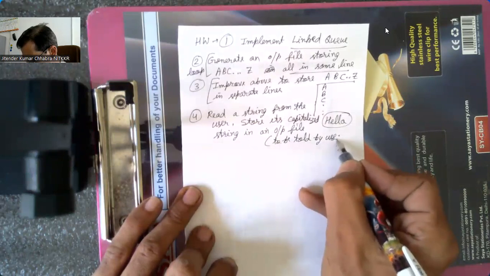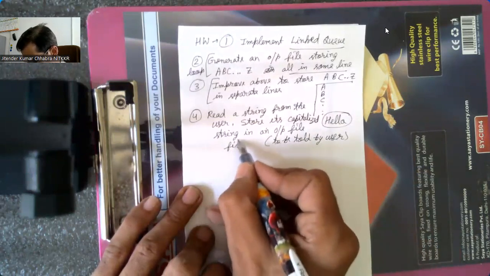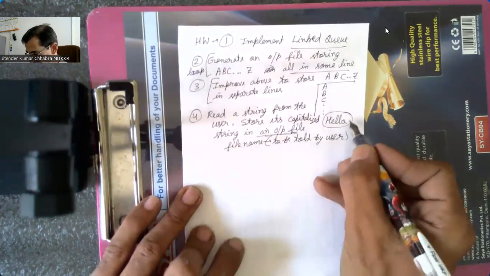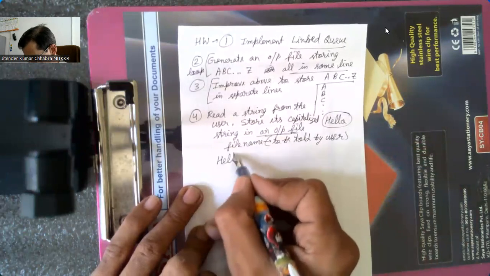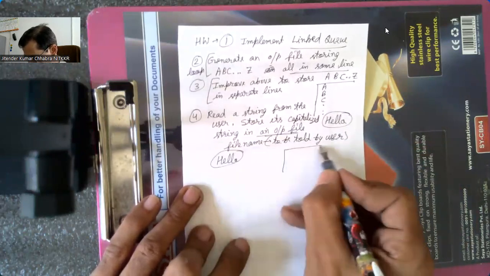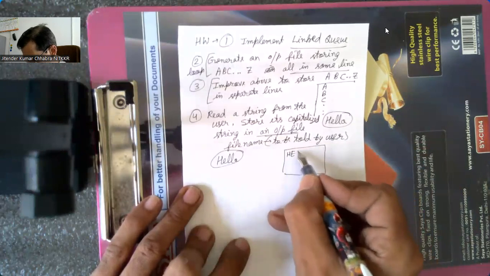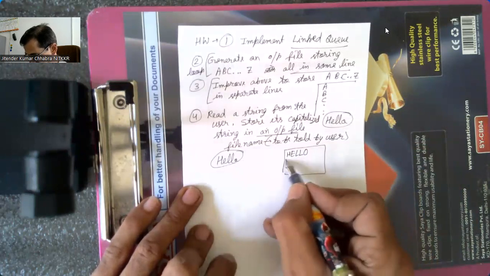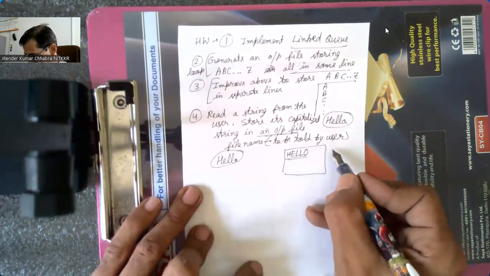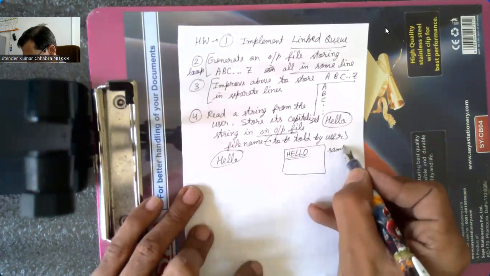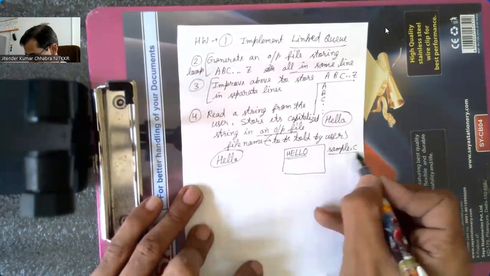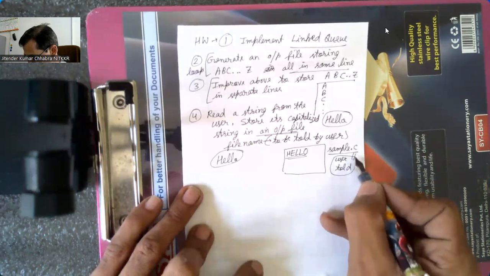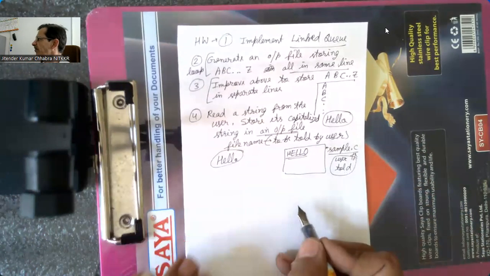Meaning, if you have read HELLO as input, in your output file it should be stored all caps, whether H was capital or not, all others in caps. And the file name, let's say it was sample.c. This is user told, so if user told sample.c, it should be stored as file name as user.c.